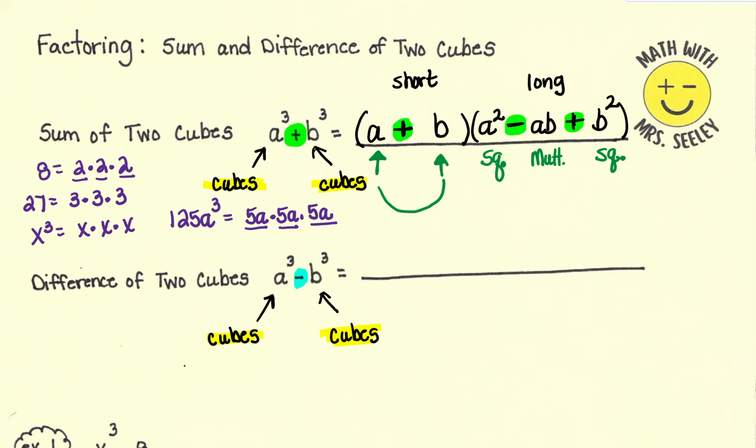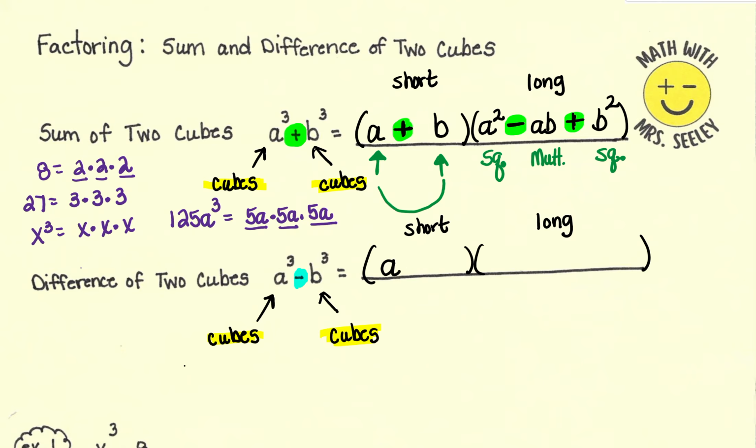And the good news is it's the same pattern for the difference. The only thing that changes are the signs. So let's practice that rule one more time. You're going to have a short and a long. In the short, go back to the original problem and ask, what did I cube to get this, which is an a?